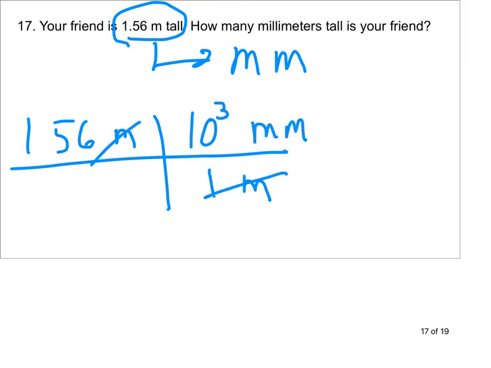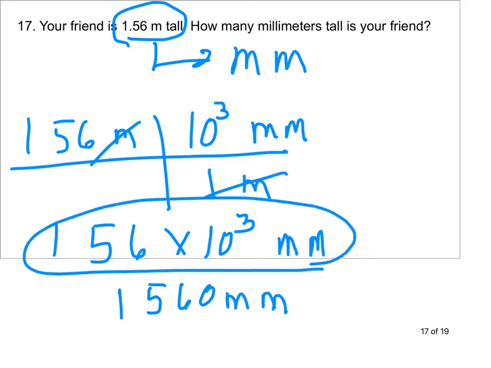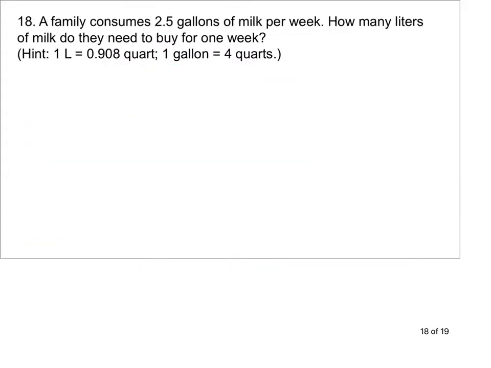And I'm just going to leave that as 1.56 times 10 to the third millimeters. If you had written it as 1,560 millimeters, that's good too. I like to leave them in scientific notation most of the time. Either answer's okay though.